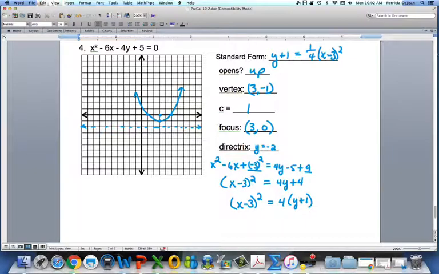So that gives you an idea about our first conic section, which is the parabola. And then we'll go from there with a couple more. Let's go back and look at the PowerPoint real quickly.